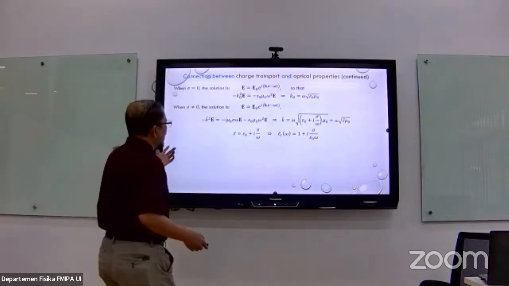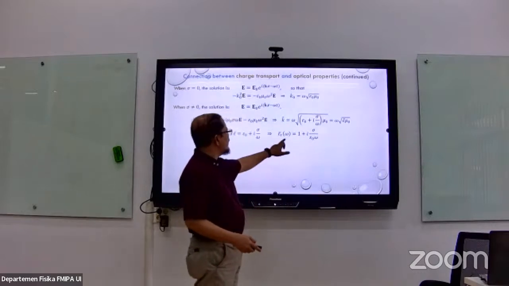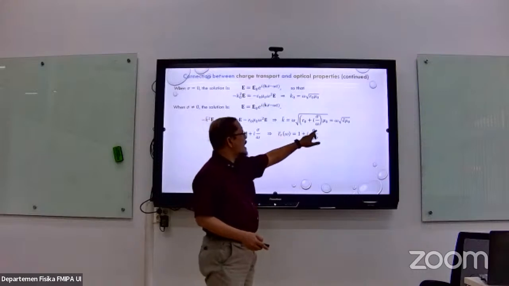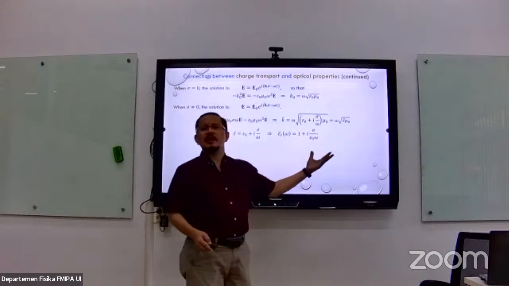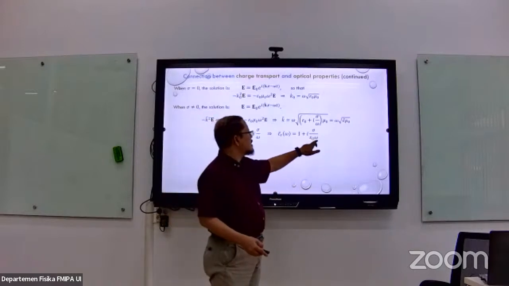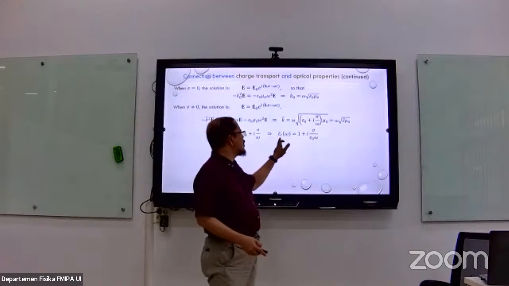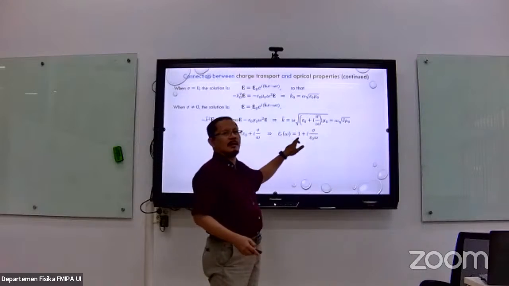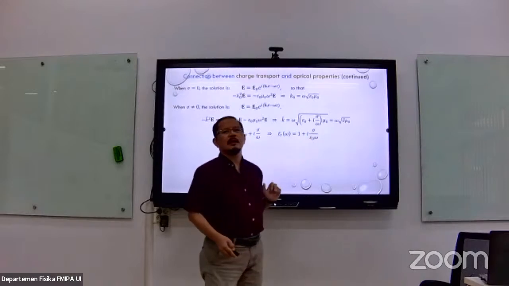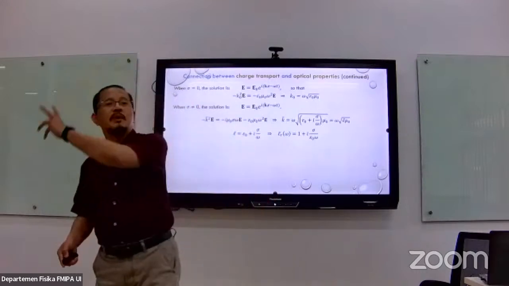Now I have come to this relation, and if I consider that sigma is just a real number, then this is real, this is the imaginary part, right? Meaning that the real part of epsilon r is just one, and the imaginary part is just sigma over epsilon naught omega, which is actually not consistent with what we have learned before, right?